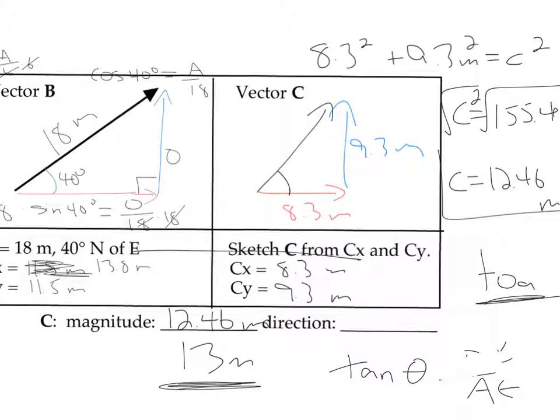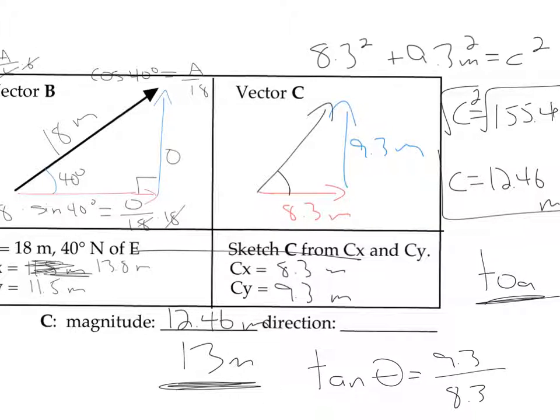So let me just erase the whole thing. This is going to be tan of the angle is equal to 9.3 divided by 8.3. So let's find out what this number comes out to be. 9.3 divided by 8.3 comes out to 1.12.